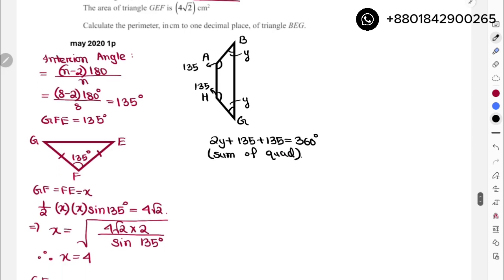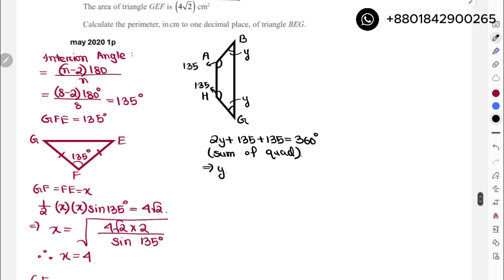The value for y is 360 minus 270, divided by 2, which gives the value for y as 45 degrees.